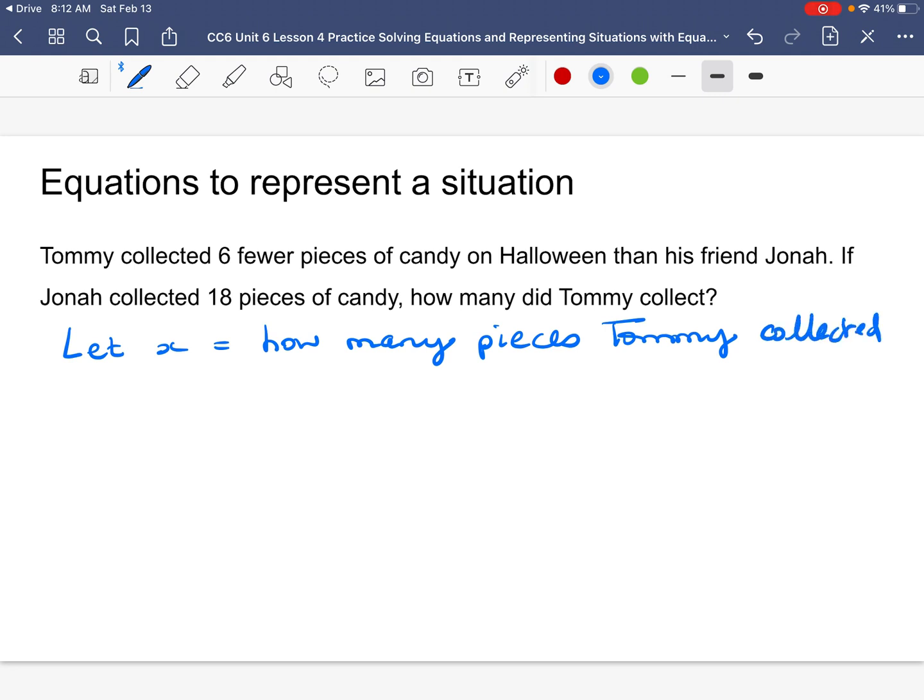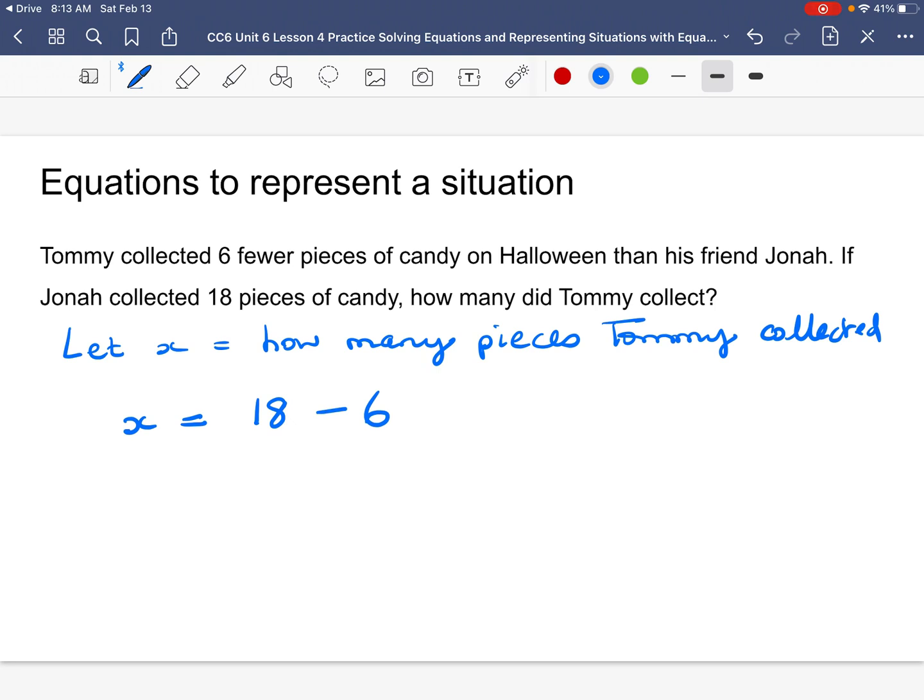And I'm going to say x is equal to Jonah collected 18, and if I subtract 6 from that, because he collected 6 more than Tommy, that would tell me how much Tommy got.